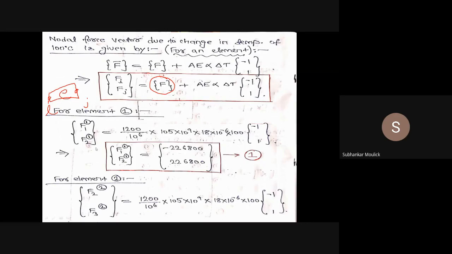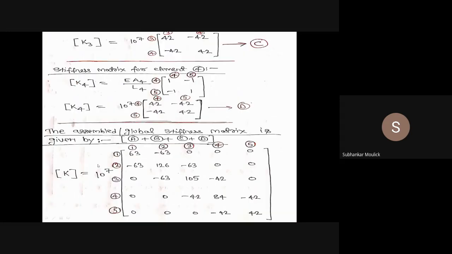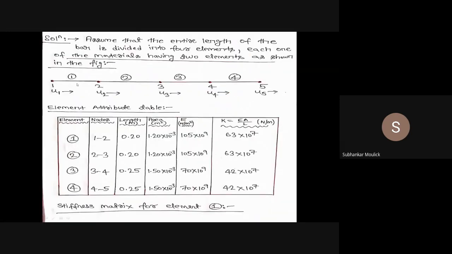Now if I talk about element number 1, this is my element number 1. Element number 1 comprises two loads. At nodal point 1, the force present is F1, but it is for element number 1.